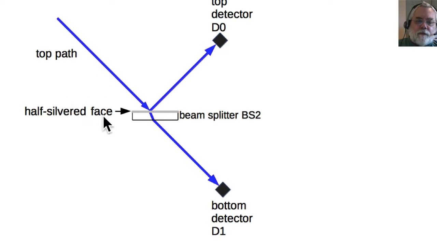It's going to hit the half-silvered face at the top, and half of its intensity will be reflected toward the top detector D0. But half of its intensity will be transmitted through the glass and arrive at bottom detector D1. Let's make a table to see how this works out.